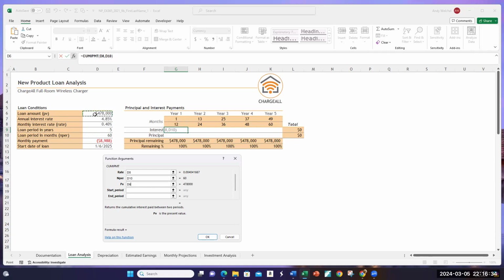The present value is that. Be sure you go to the next window there. And the start period is here because we're starting in month 1 and we're going through to month 12. That is going to give us 12 months of interest at 0.4%.